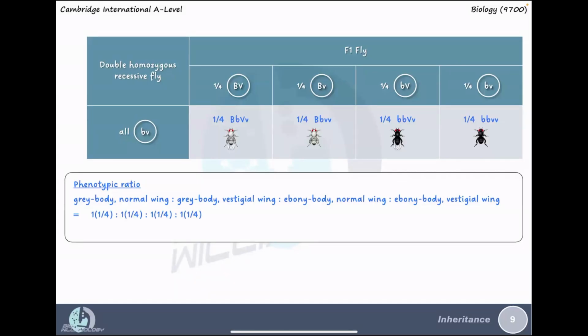So the results show that independent assortment takes place during metaphase 1. That's why we have 4 different combinations of gamete genotypes for the F1 heterozygous fly.